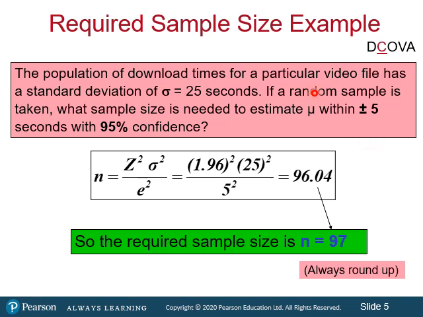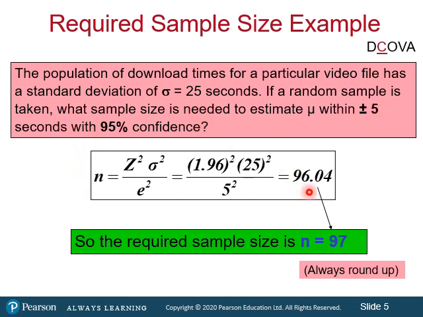We will now look at how we calculate sample size for a given particular situation. In this situation, the population of download times for a particular video file has a standard deviation of sigma equals 25 seconds. A random sample is taken. What is the sample size needed to estimate mu within plus minus 5 seconds with 95% confidence?